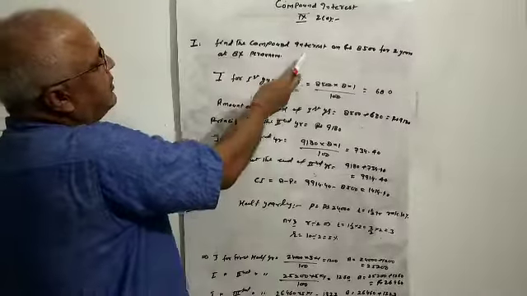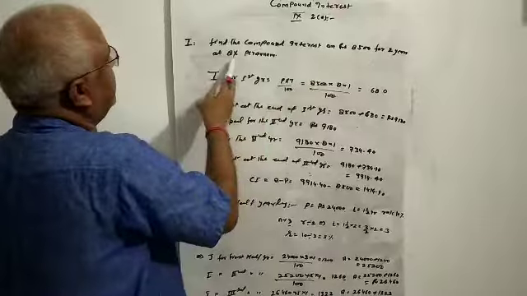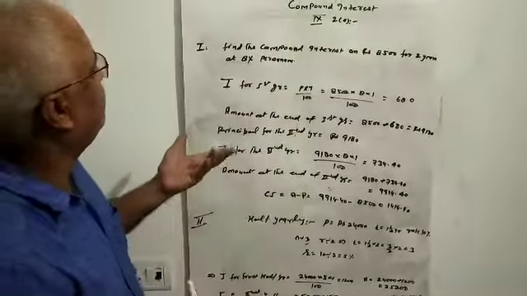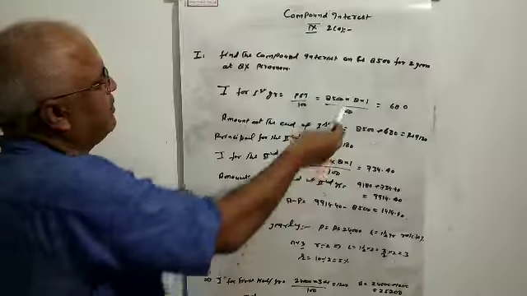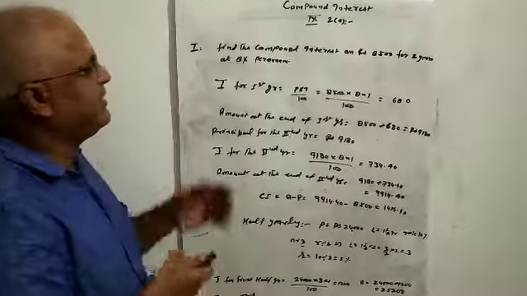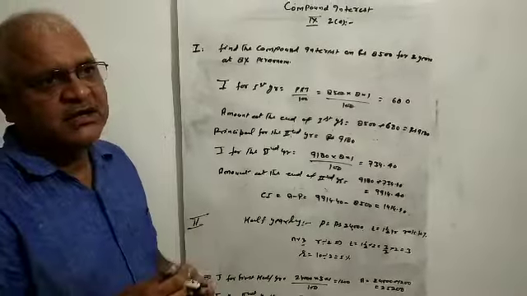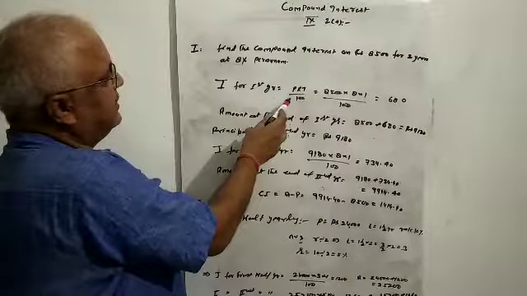Find the compound interest on rupees 8,500 for 2 years at 8% per annum. In this case, principal is 8,500, time is 2 years and rate is 8%. So step by step, what is the interest for the first year?